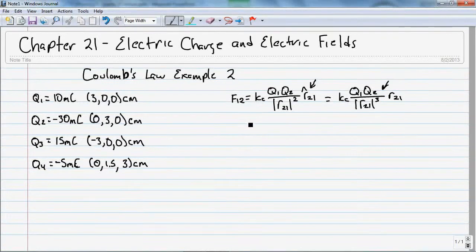For the formula for charge 4, let's use the force between charges 1 and 4 as an example.